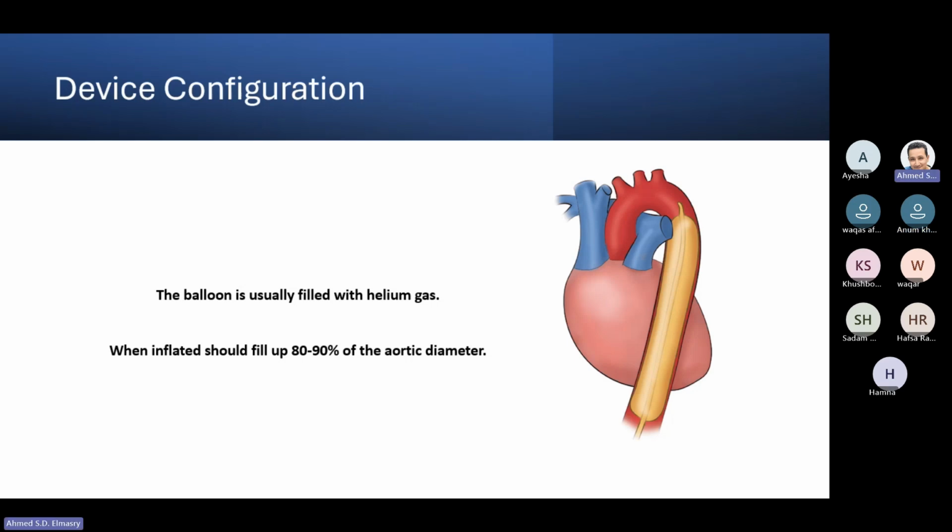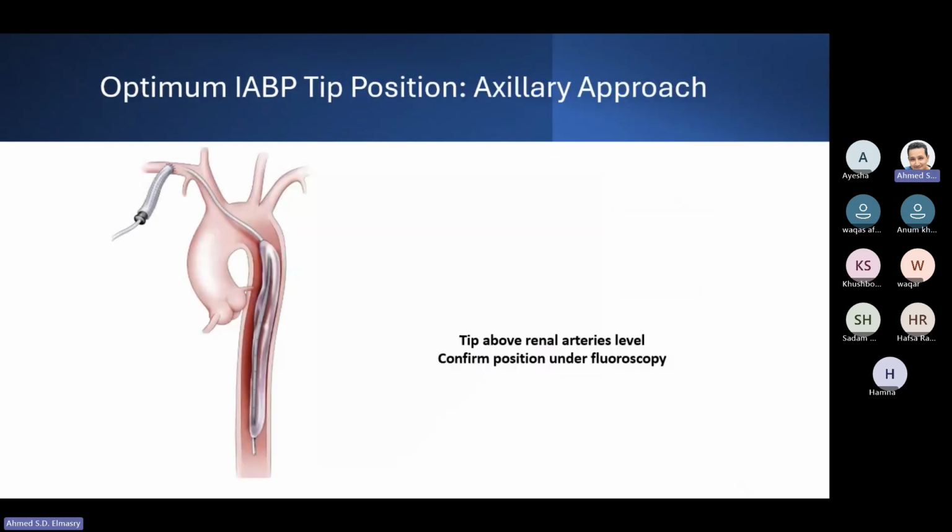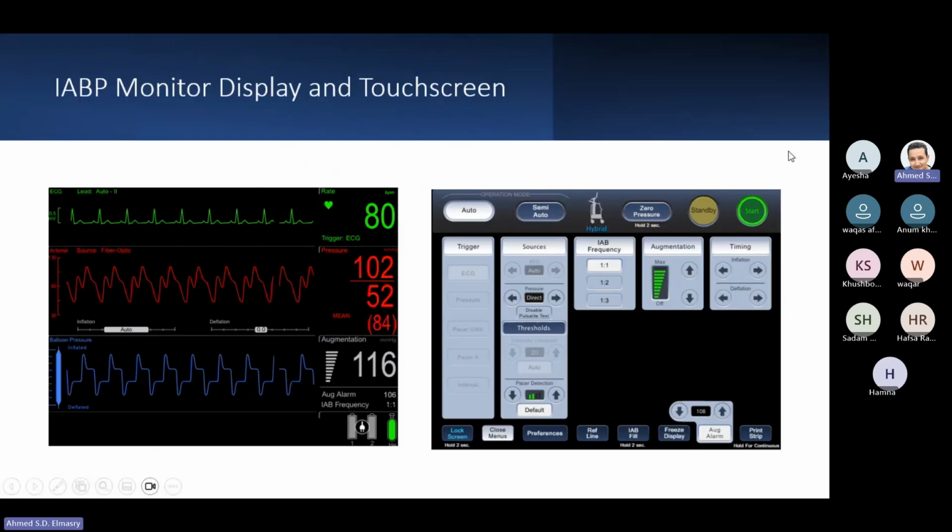The other reason is that the inflation point at the level of the dicrotic notch will be lower. So the inflation point, instead of happening here, will happen here, and the maximum inflation of the intra-aortic balloon will be the same. So you will not be able to reach this point, because the balloon can only increase to this point.